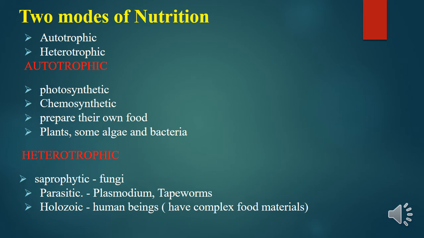And the third type of heterotrophic nutrition we call holozoic nutrition, where human beings and most of the higher animals come, taking in complex food materials. We call such nutrition holozoic nutrition.